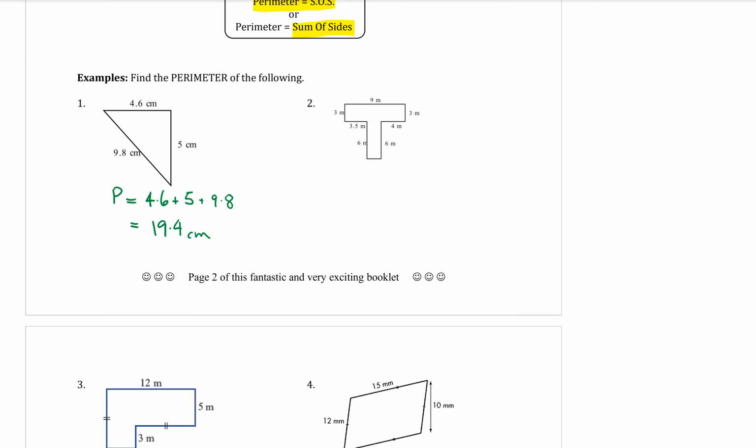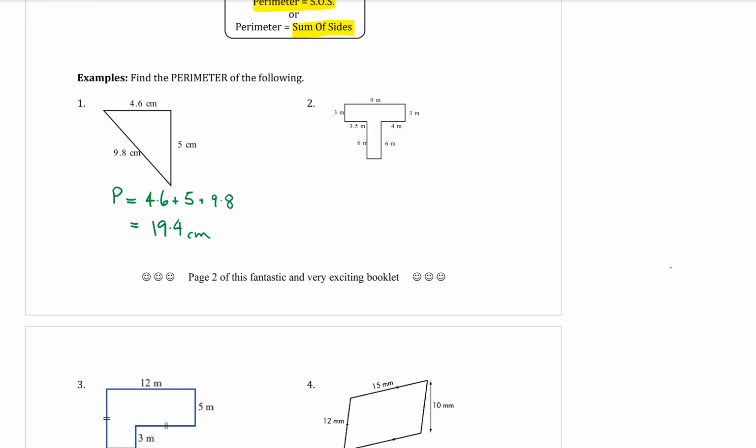So question 2, to find the perimeter, make sure that you have all of the sides before you start. So we have 9 meters across the top here, 3 down the side, 4, 6, but this little one across the bottom, we don't know. How are we going to work out what it is? Well, we look at the horizontal sides.